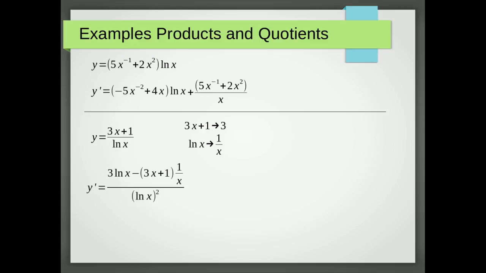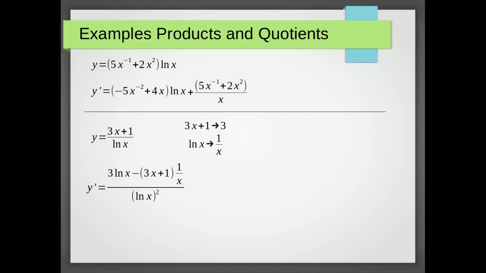So we'll remember that you get the differential of the numerator multiplied by the denominator, 3 log x, and then it's minus the numerator multiplied by the differential of the denominator, and the differential of log x is 1 over x, so that gives us 3x plus 1 all times 1 over x, all over the denominator squared, so that's the natural log of x all squared.